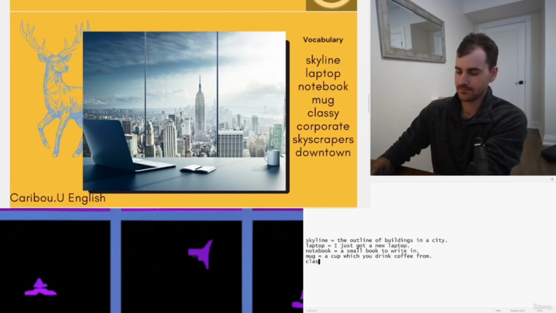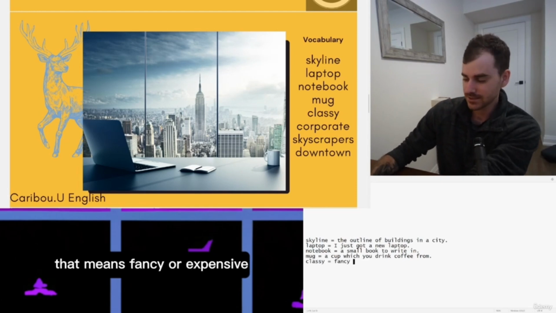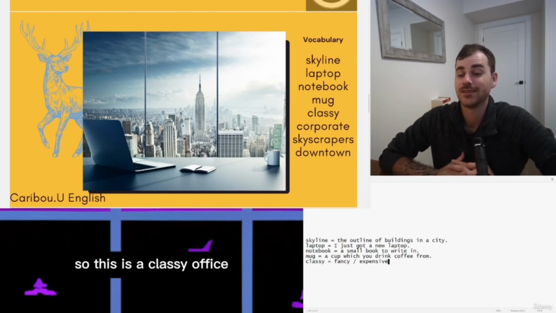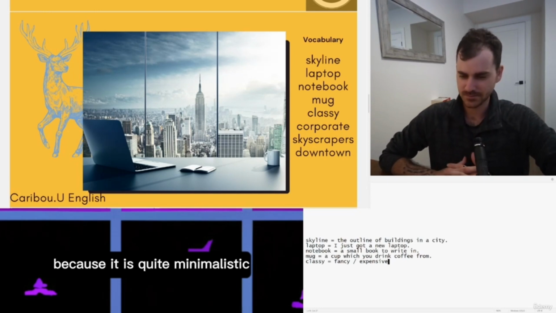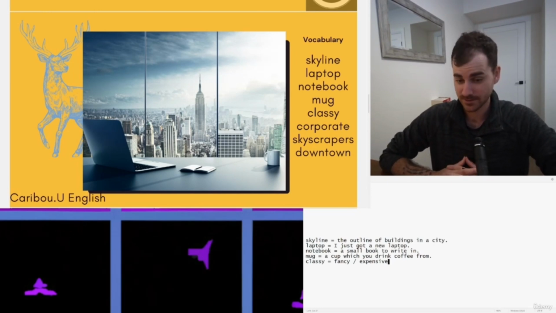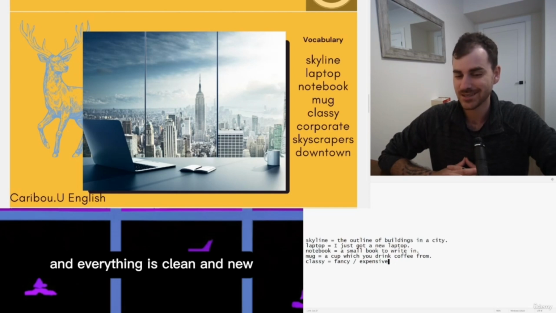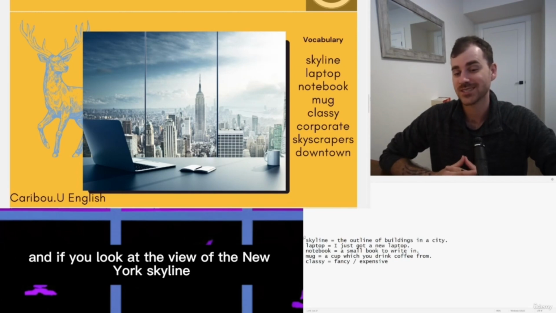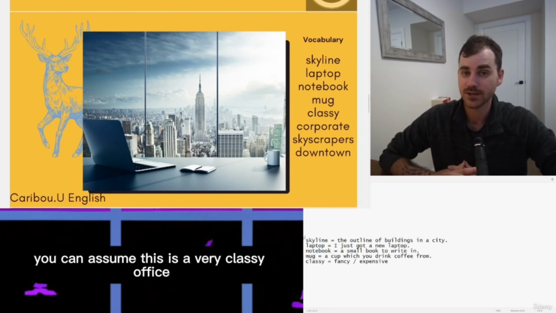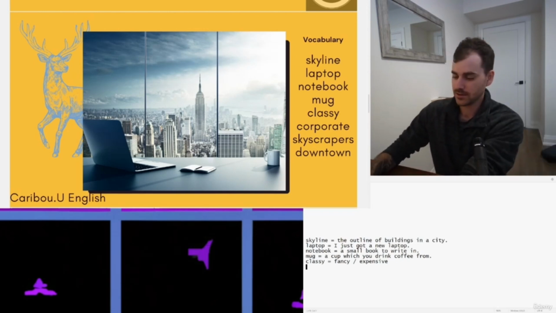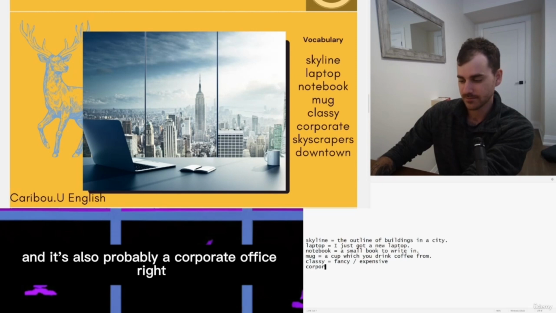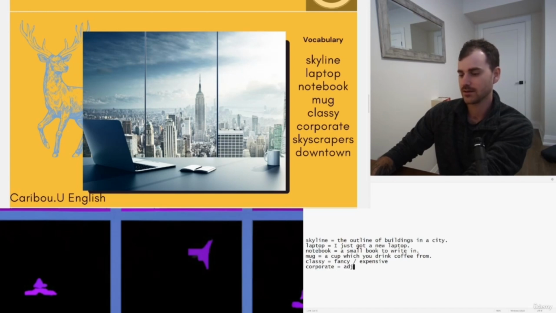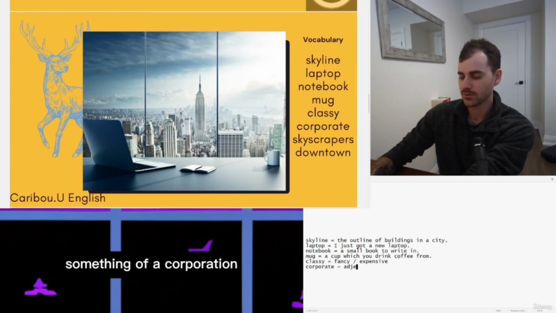Classy. That means fancy or expensive. So this is a classy office because it is quite minimalistic and everything is clean and new. And if you look at the view of the New York skyline, you can assume this is a very classy office. And it's also probably a corporate office, right? It's an adjective to describe something of a corporation.